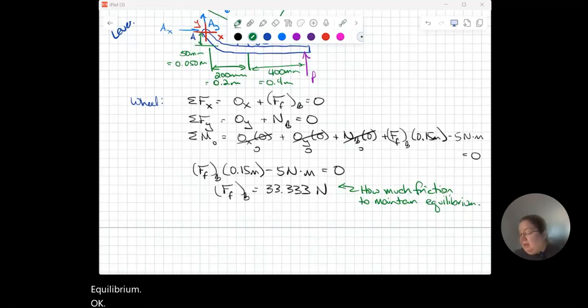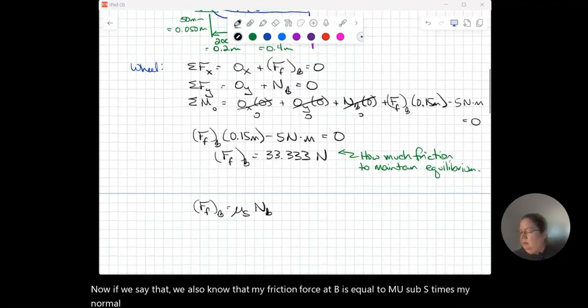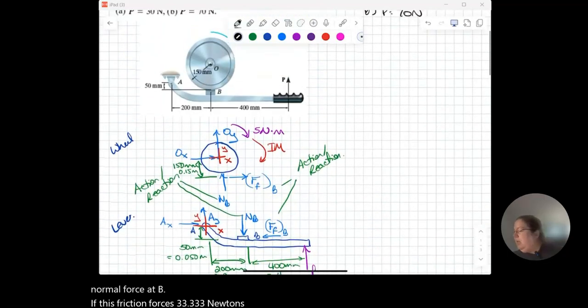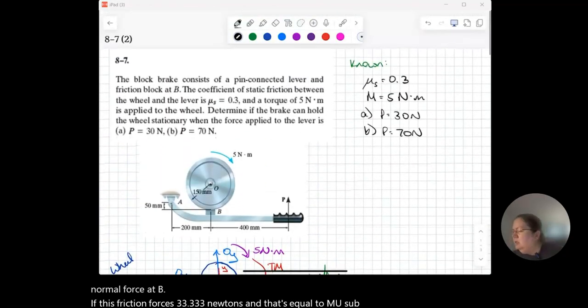Now, we also know that my friction force at B is equal to mu sub S times my normal force at B. Well, this friction force is 33.333 newtons, and that's equal to mu sub s, which was 0.3, right?